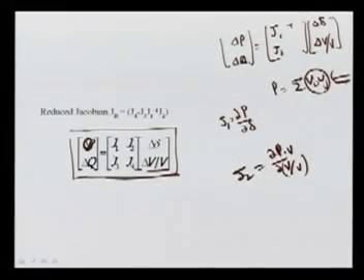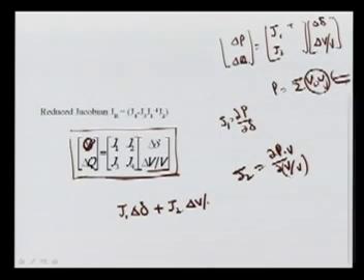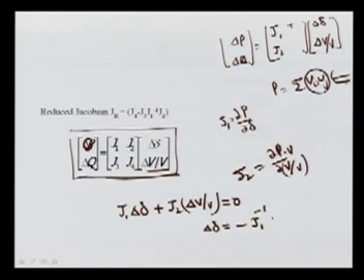From these two equations, I can write, you can expand the first one: J1 delta plus J2 del V upon V is equal to 0. From here we can write that the change in delta is nothing but minus J1 inverse J2 times change in V upon V.